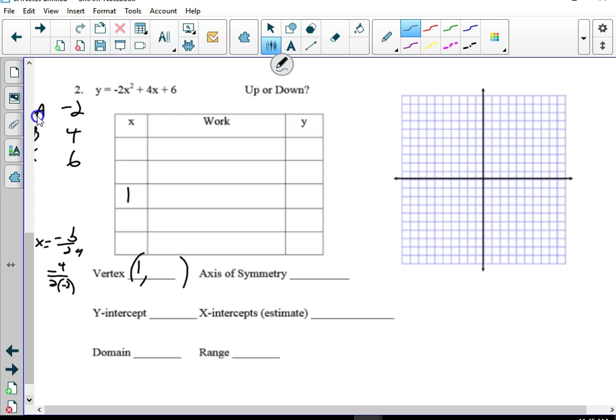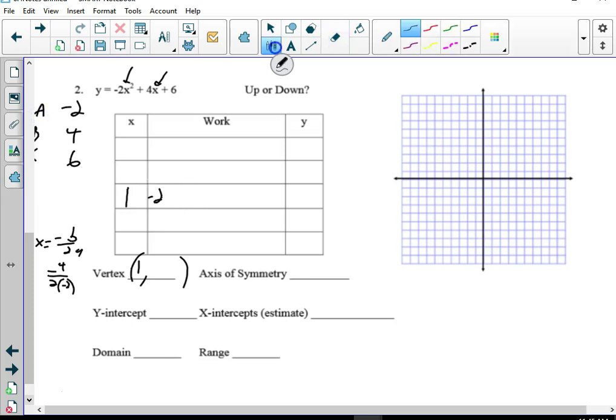Remember, we put that in the middle. 1 comma something. Now we have to take that 1 and plug it back in here and here.